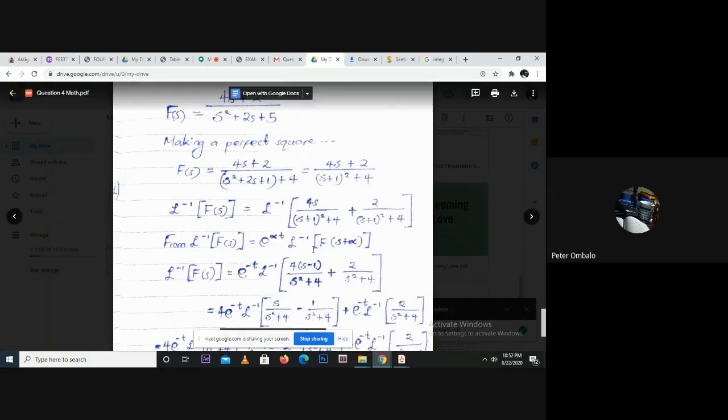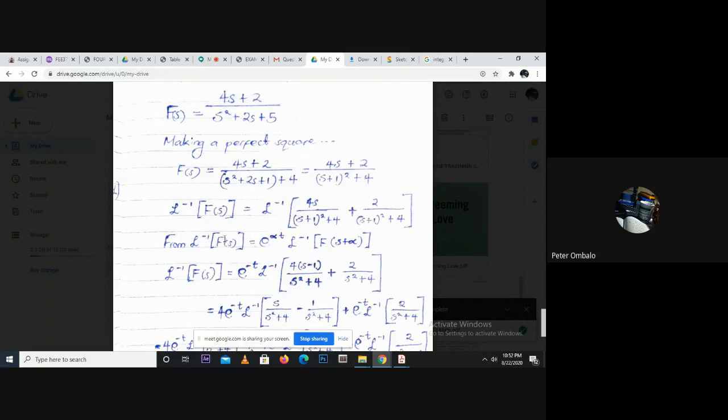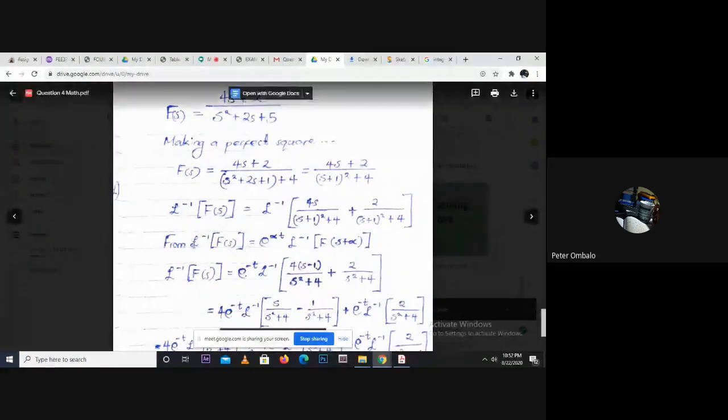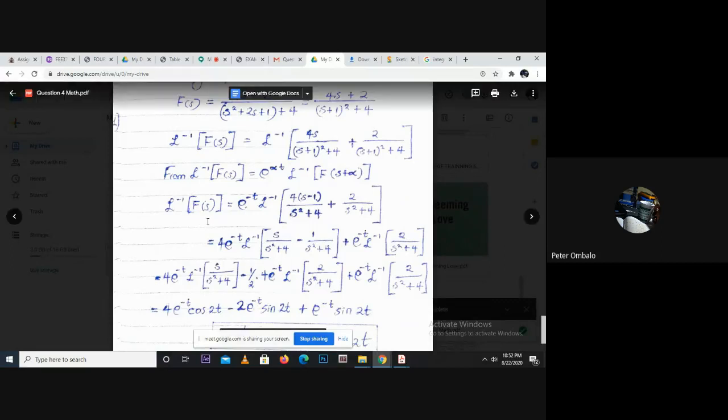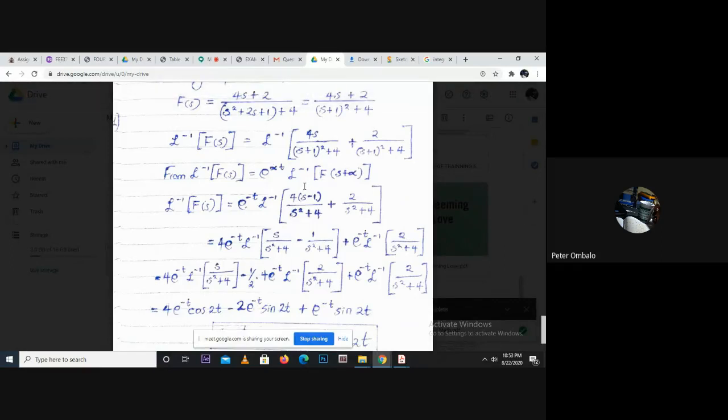If you have the Laplace inverse of a function of s, you can pull out an e to the alpha t, and then add the alpha to the s in the function. I'm pretty sure you guys have come across this already in your own studies on Laplace transforms. This index shift will help us simplify this fraction even further.